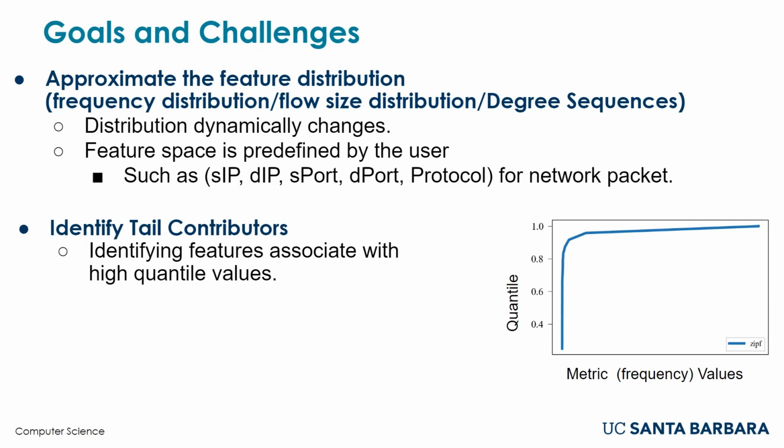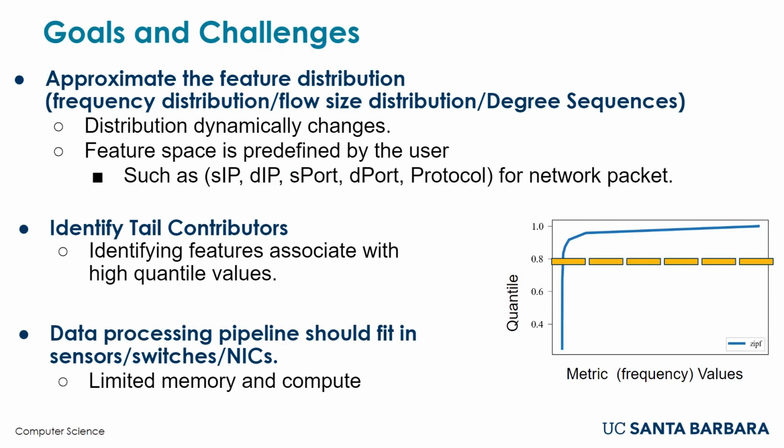Second, we want to identify tail contributors. Given a feature distribution shown at the right, we want to identify all features associated with high quantile values, essentially the tail of the distribution. Moreover, our proposed pipeline should be able to fit in the hardware with limited memory and compute.